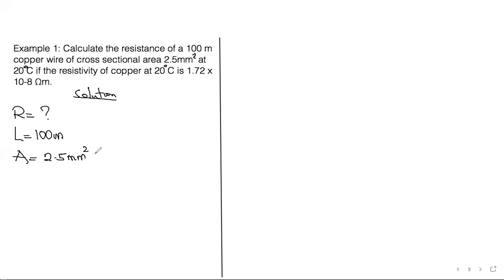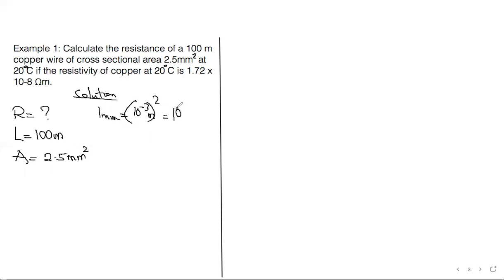So how do we convert that? How many millimeters will give you 1 meter? So that's basically times 10 to the power minus 3 meters. That's what you want to do. 1 mm is 10 to the power minus 3 meters. So that means you divide by 1,000 here. Because there's a square here, there's an area, you have to square the conversion factor.